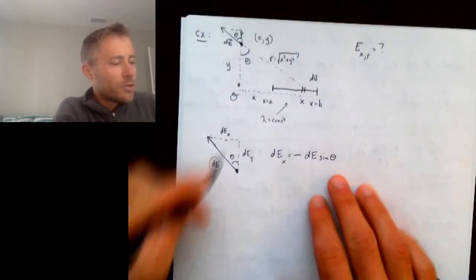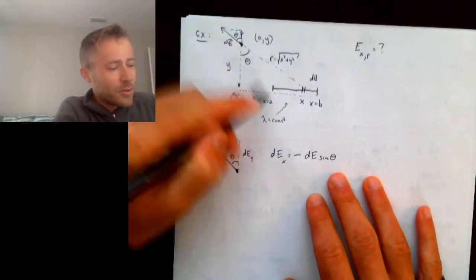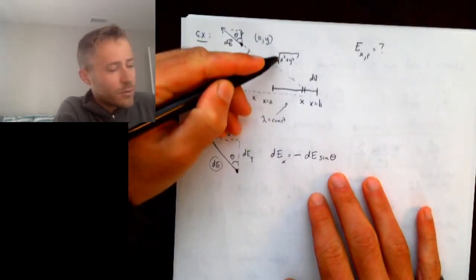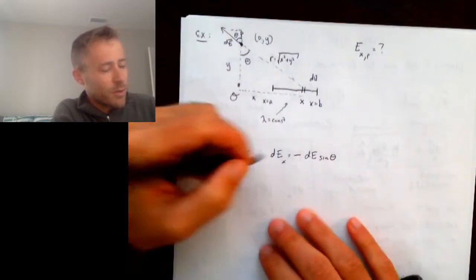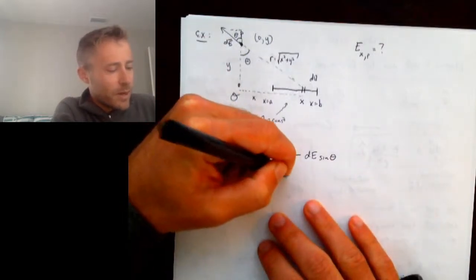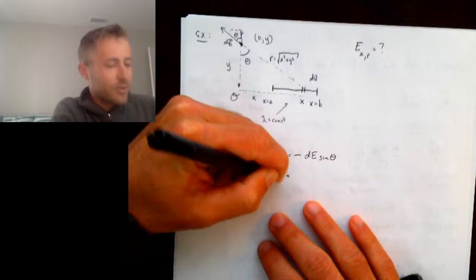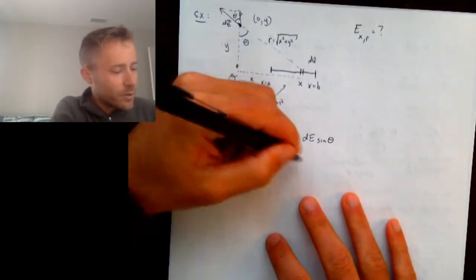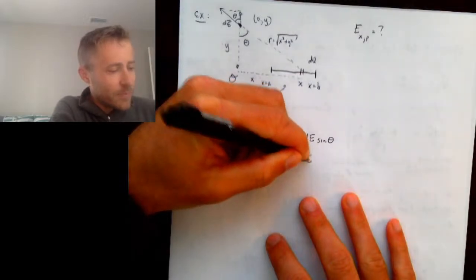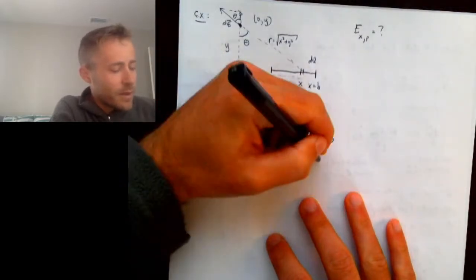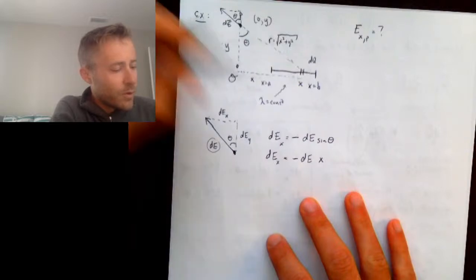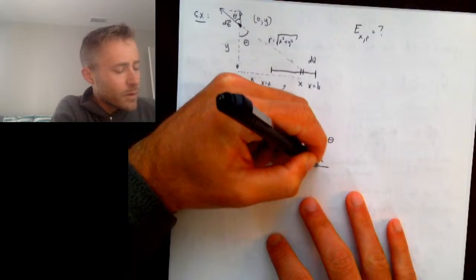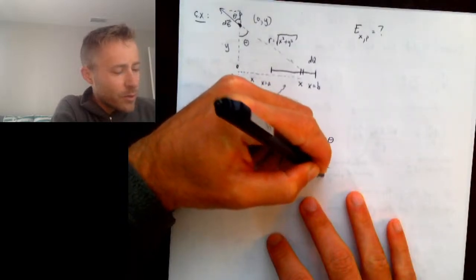So sine of theta is going to be opposite, which is x, over hypotenuse, which is the square root of x squared plus y squared. So my dE_x, the x component of the infinitesimal electric field, is minus dE times x over the square root of x squared plus y squared.